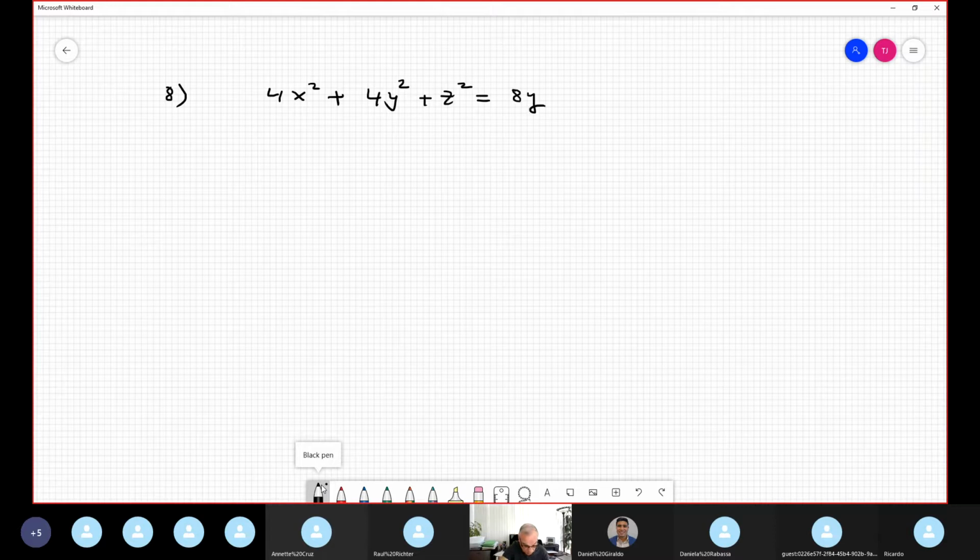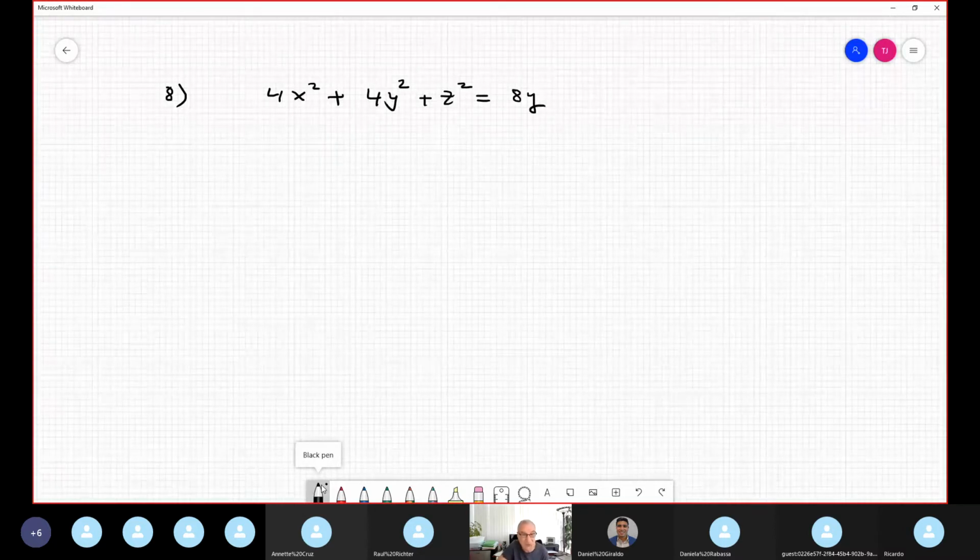Entonces, the first thing you should do is the identification. What is this guy? This guy is an ellipsoid. This guy is a paraboloid. This guy is a hyperboloid. This guy is a cone. Opinion about that. Name.